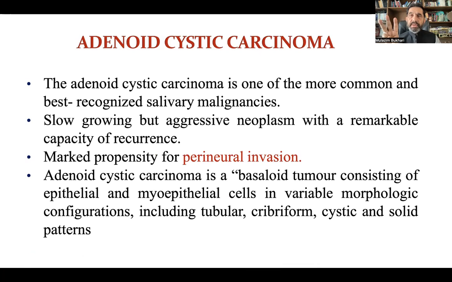For medical students, three important things. One is the basaloid cells. Basaloid cells are arranged in three important patterns. It can be a mixed pattern, but you will diagnose by whichever morphology predominates. One is the classical pattern, called the cribriform pattern, the second is the tubular pattern, and the third is the solid pattern.